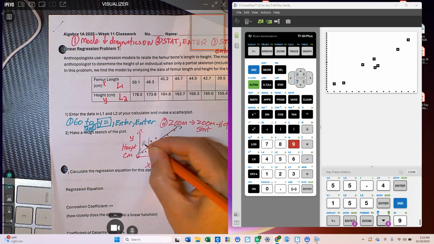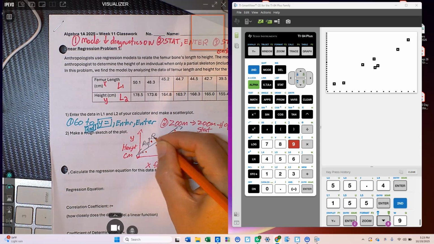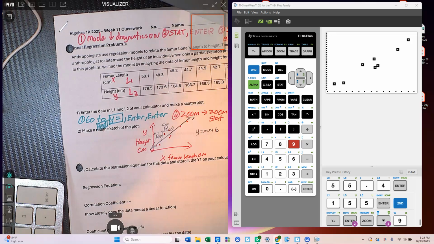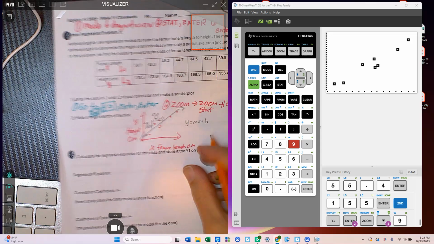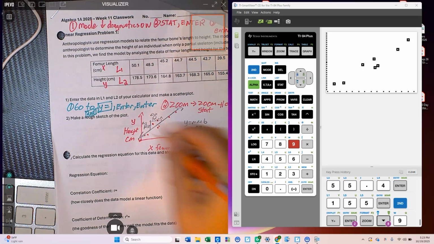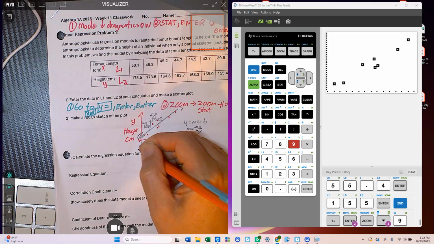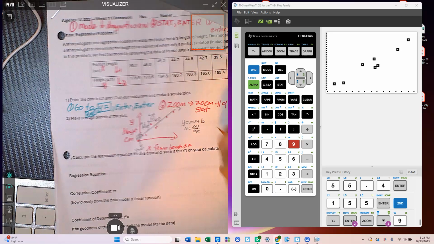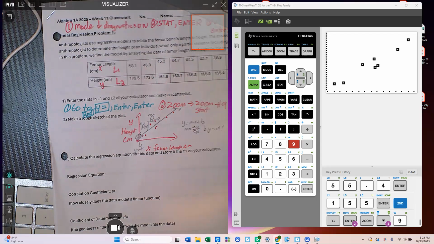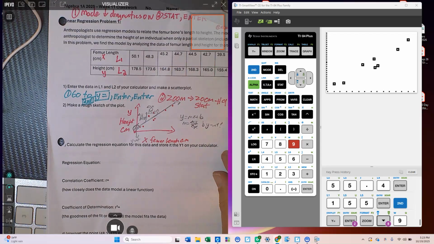It's going to look for the rise over the run. It's going to draw a line and find change in y over change in x. And then it's going to tell you what the y-intercept would be, even though we don't know it. Okay, that's what it's going to be asking us.